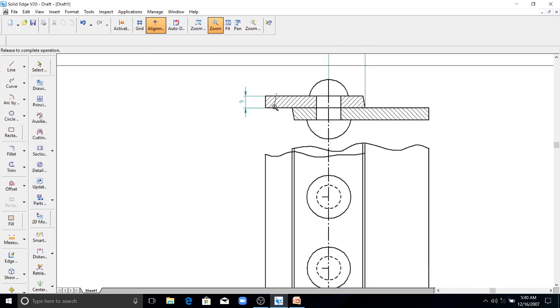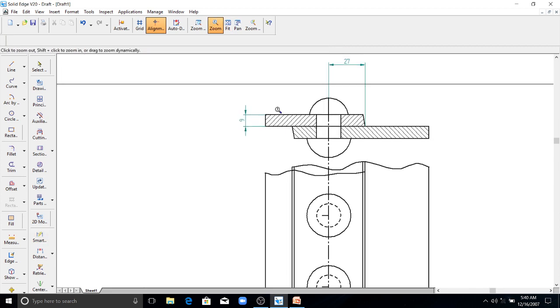The diameter of the rivet head, that is 18 mm. So here to here is 18 mm.